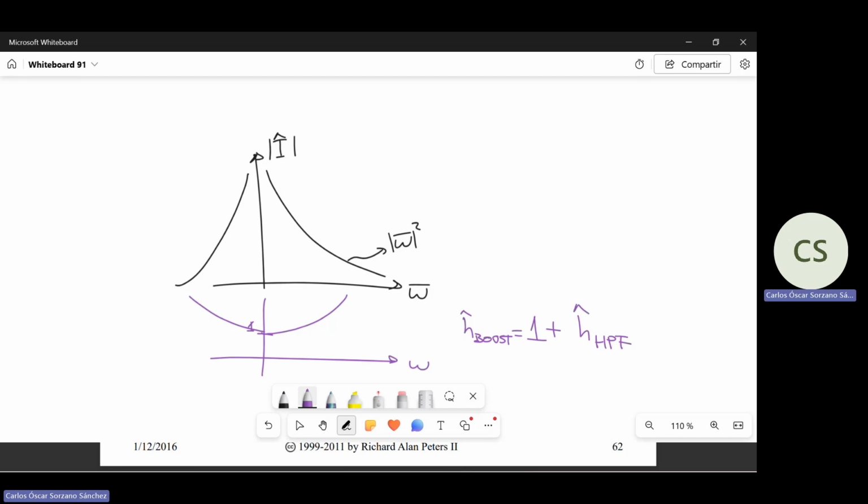After multiplication, I'm multiplying by 1 and then by something else that is a little bit bigger and bigger and bigger. So what I'm doing is giving more amplitude to the high frequencies. I'm giving more energy to the details.